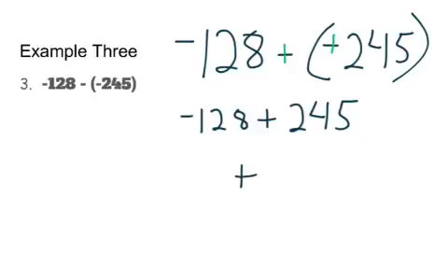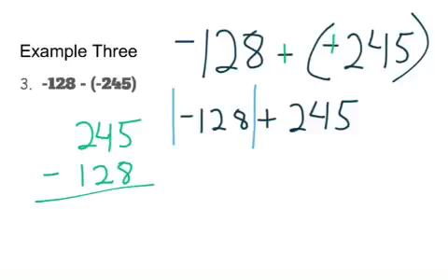Now, again, what I've taught you is when you're adding integers and the signs are different, you can subtract the absolute values. So the absolute value of 245 is 245, and we're going to subtract the absolute value of negative 128, which is 128.